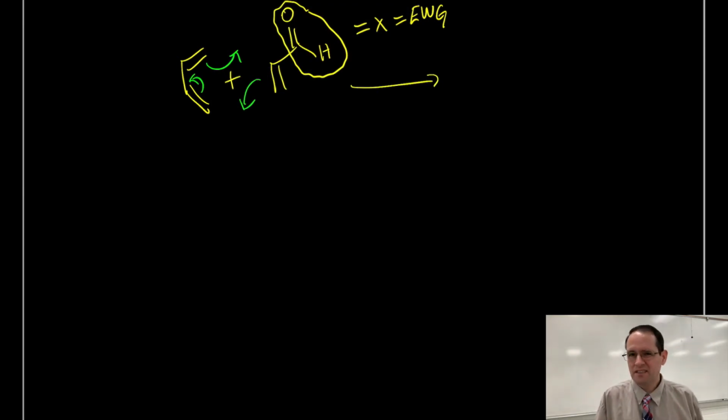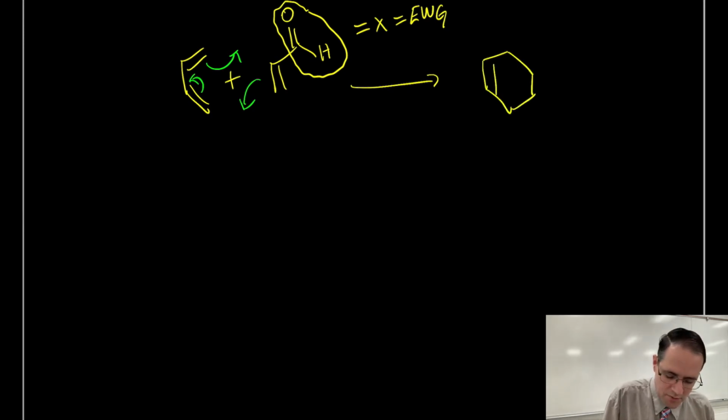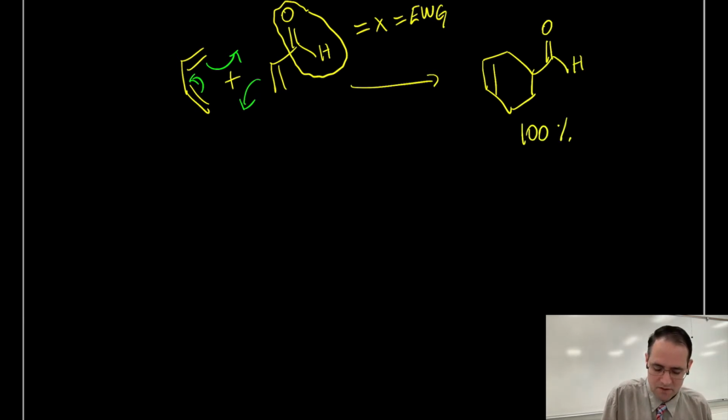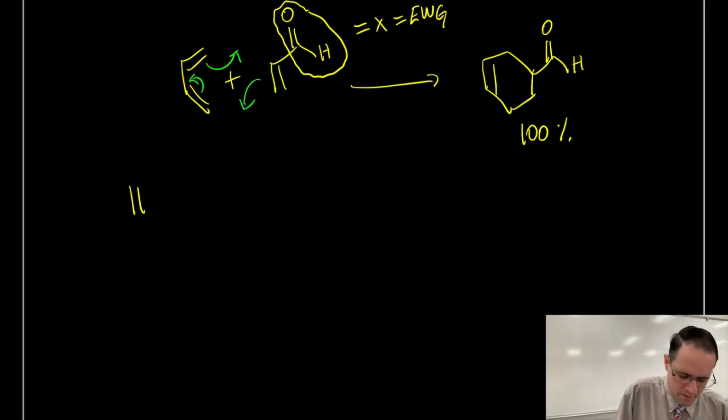under the right reaction time and temperature and conditions, you can form the product here. The book states in 100% yield, okay? So that's a dramatic improvement, and you do not need very, very high reaction conditions. So the groups that can be attached to your dienophile can be aldehyde, as I mentioned.